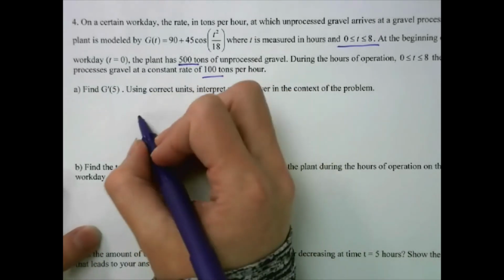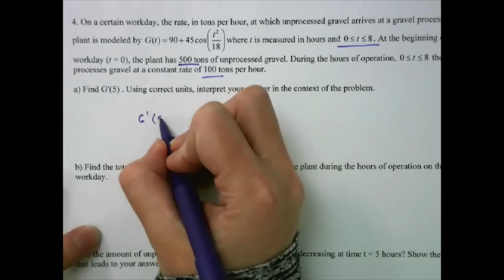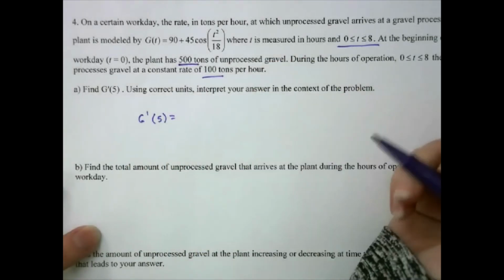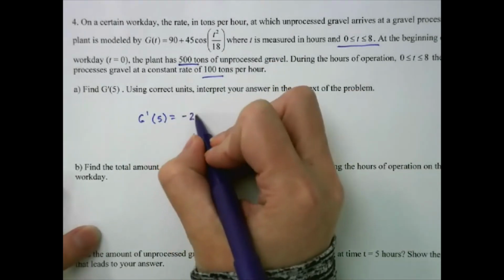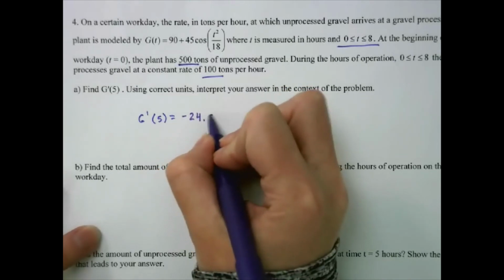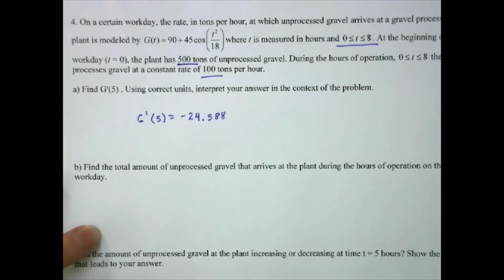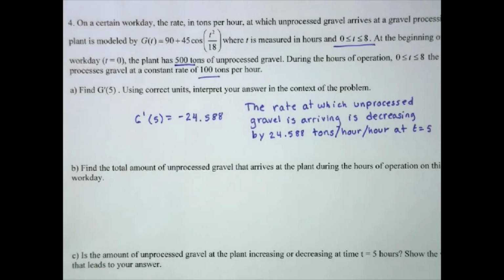So you would plug this into your calculator, okay, and then just do the derivative evaluated at 5. This is going to be negative 24.588. Okay, using correct units, interpret your answer in the context of this problem. Okay, so the derivative is the rate of change.